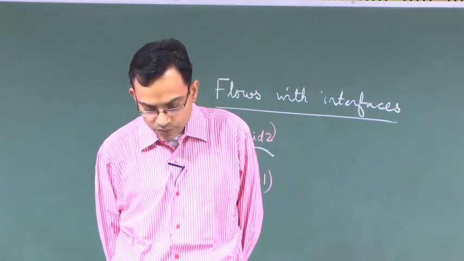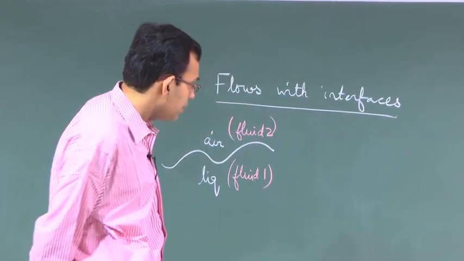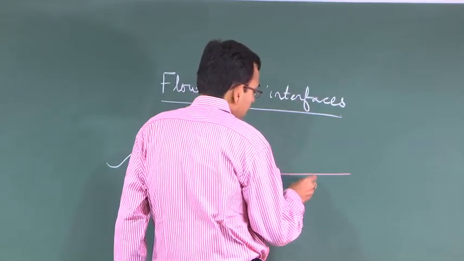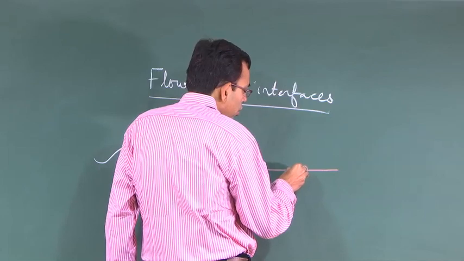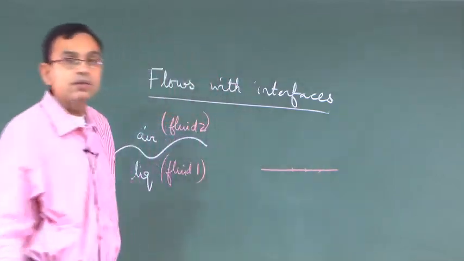If there is a solid boundary, I am giving you an example, this solid boundary is like phase 1 and liquid is phase 2, and if there are no holes in the solid, then the fluid cannot penetrate the solid boundary.